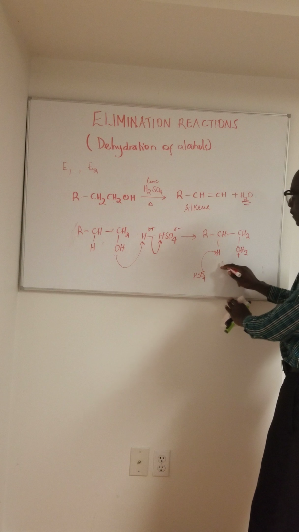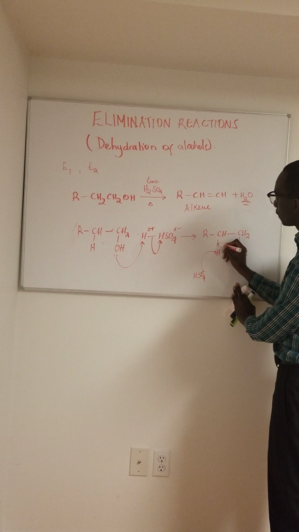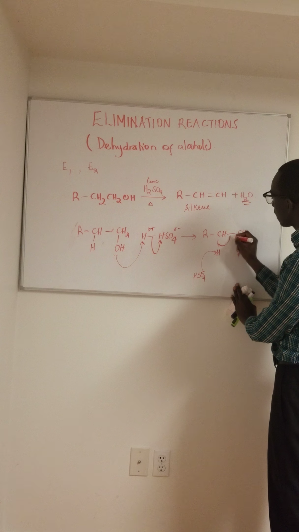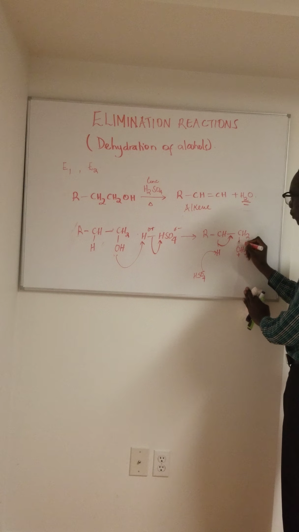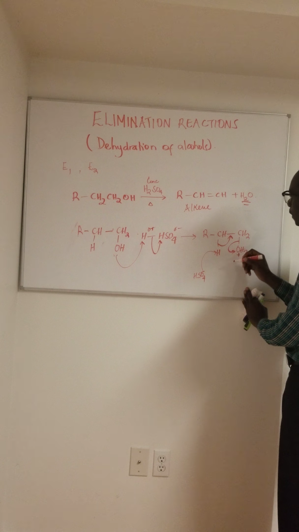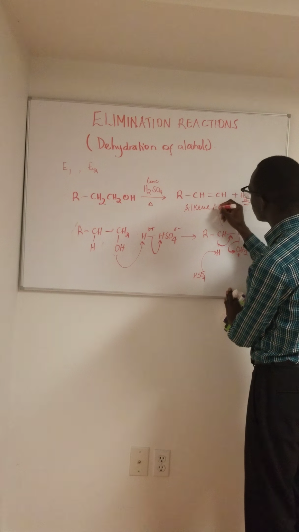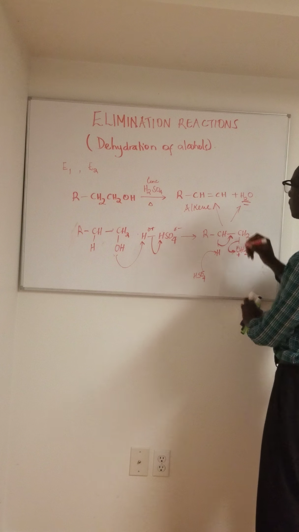When this hydrogen is taken, this bond shifts and forms a double bond between these two carbons. The water molecule breaks off, and our final product will be this and that.